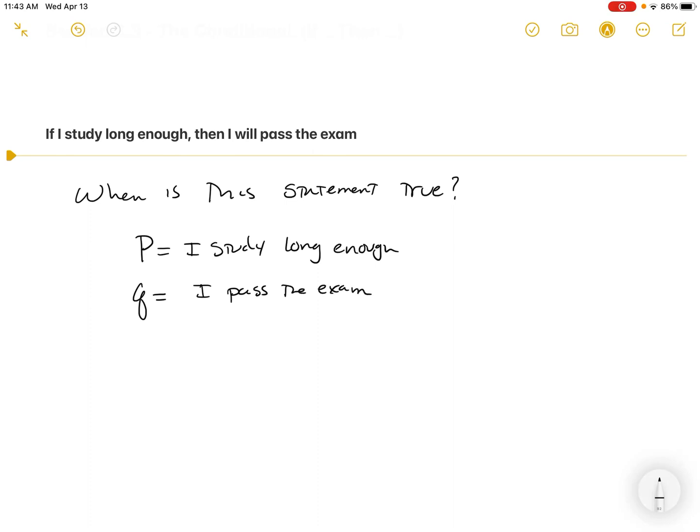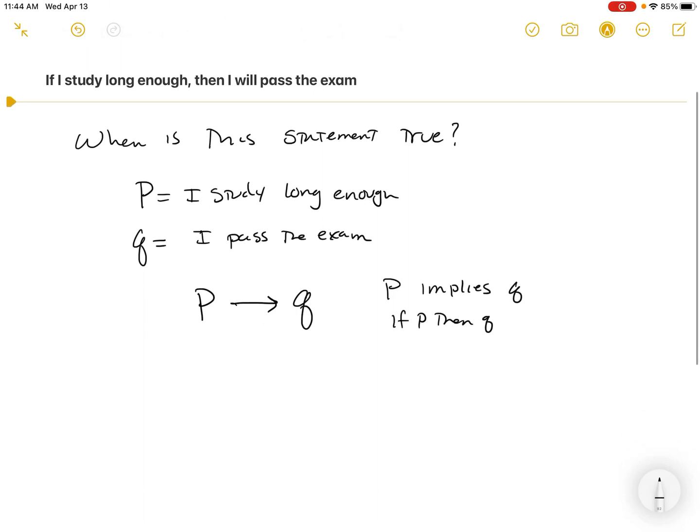Okay. And so the notation that we use for the conditional looks like this. P and an arrow, Q. So P, often this is said, P implies Q. Or if P, then Q, right? All of those are the same.